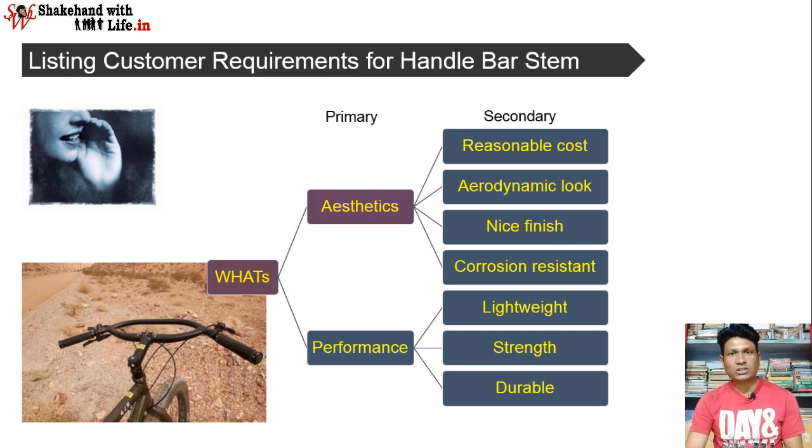These are aesthetics. Second one is performance. At secondary level, aesthetics includes reasonable cost, aerodynamic look, nice finish for handlebar stem, and the handlebar stem should be corrosion resistant. Then performance includes lightweight, strength, and durability for handlebar stem.